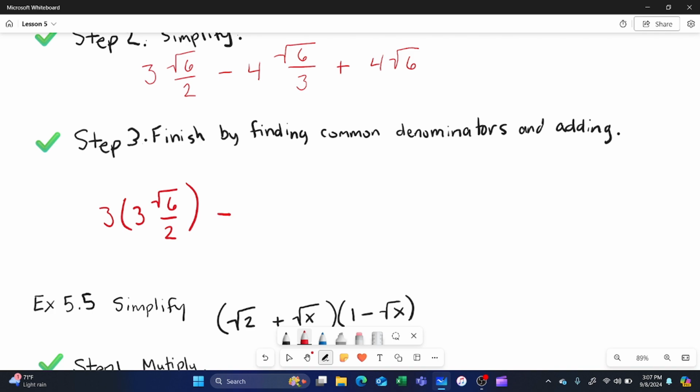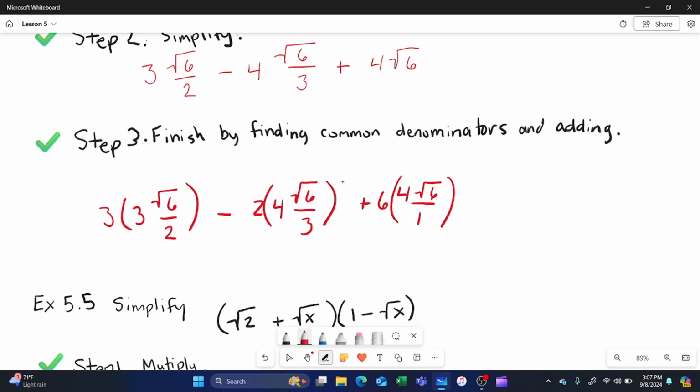This one, we're going to have 4 square roots of 6 times 3. We're going to multiply that thing by 2. And over here, we're going to have 4 square root of 6 over 1. Multiply that bad boy by 6.